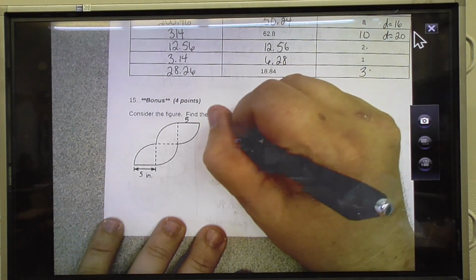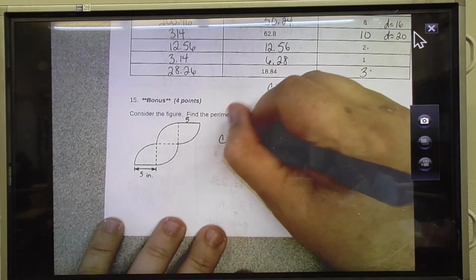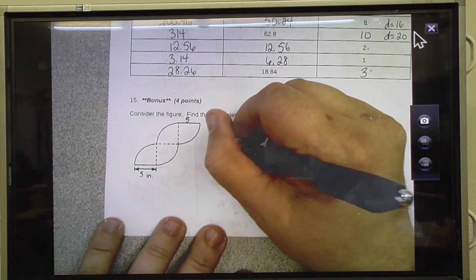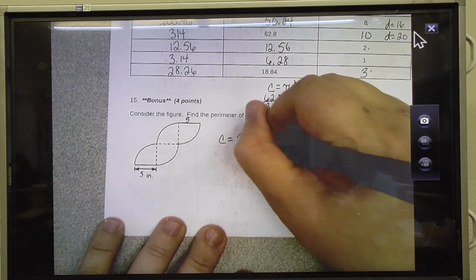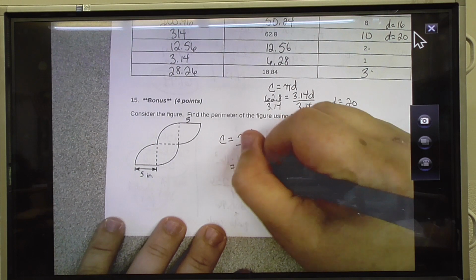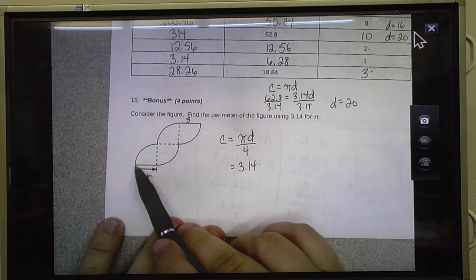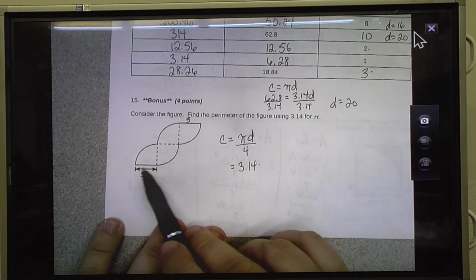So I'm going to be looking to find the circumference, because that's the perimeter, of those quarter circles. So circumference is equal to pi times the diameter divided by 4. 3.14 times, what's my diameter? 5. Wrong. 10.